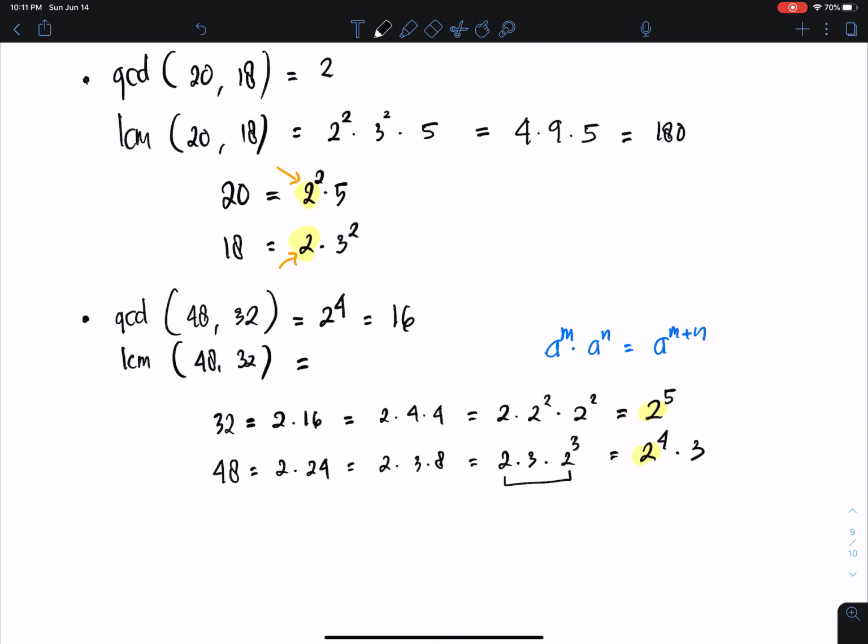For LCM, we take all, with the highest power. So we have 2, the highest one is to the power of 5, so 2 to the power of 5, and the other prime factorization is 3. So that will be 2 to the power of 5 is 32, times 3.